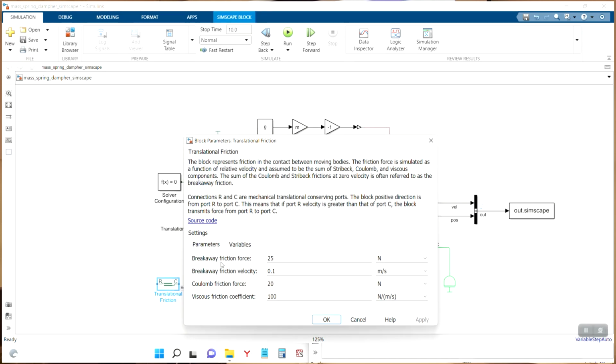So here you can see that you need to write down the breakaway friction force, that one. Breakaway friction velocity, which depends on the viscosity effect. Coulomb friction force, and once again the viscous friction coefficient. And those parameters you can already find in a book, because it's about physics.